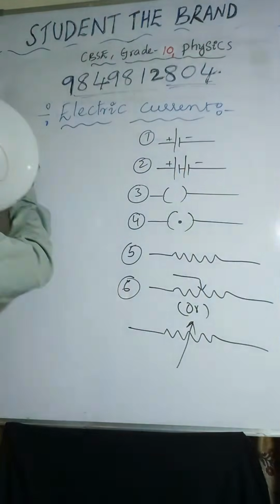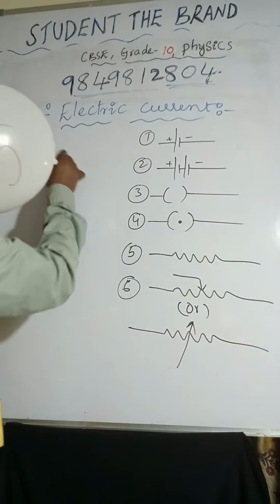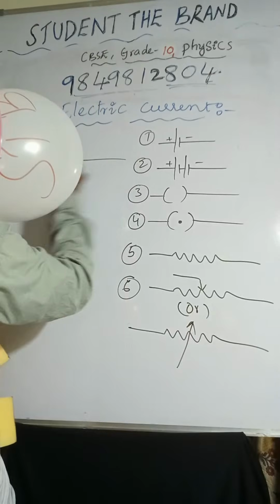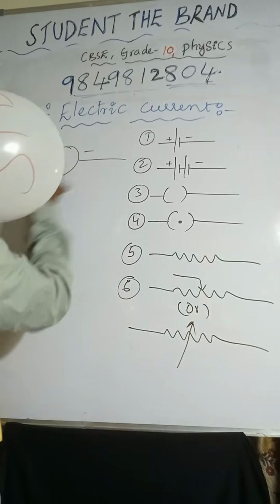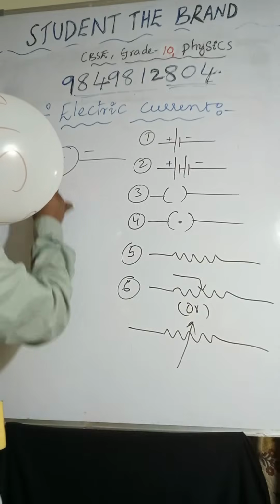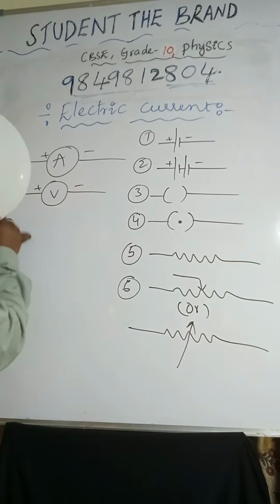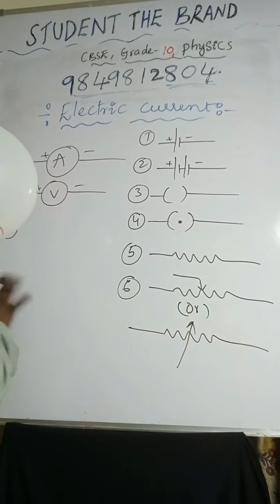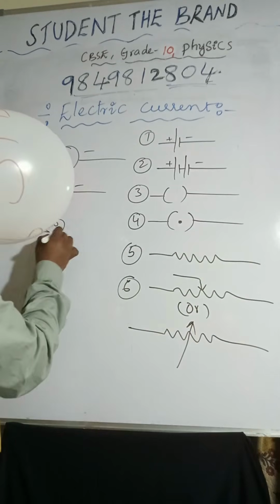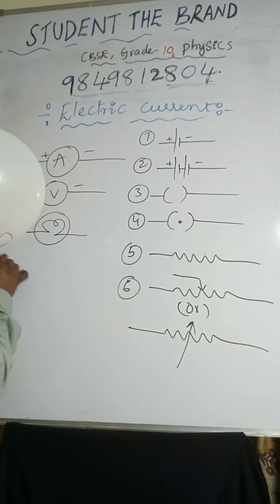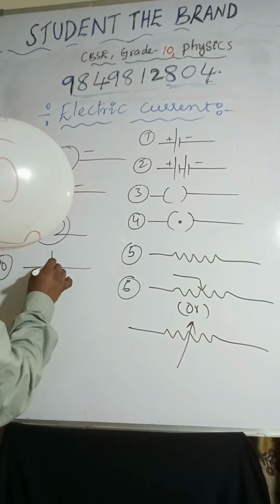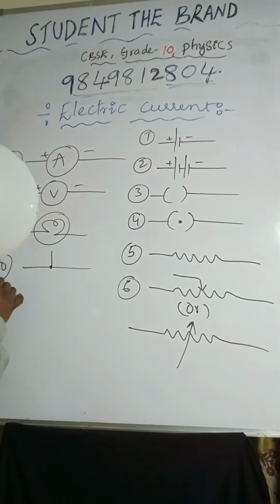Seventh one is ammeter. Eighth one is voltmeter. Ninth one is bulb. Tenth one is wire joining. Eleventh one is wire crossing.